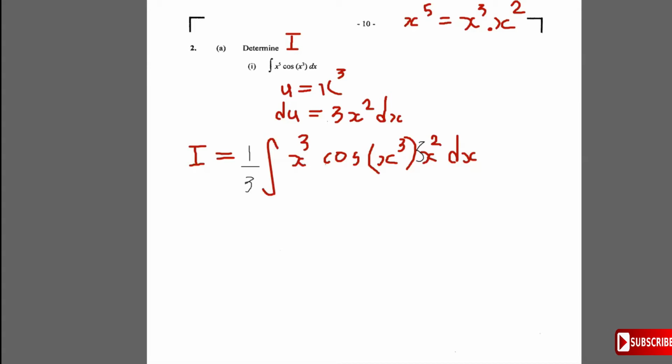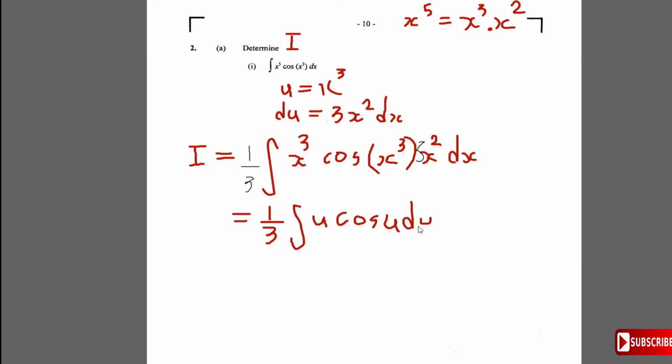Now I can substitute for u. So now I is equal to 1 over 3 times the integral of x cubed, which becomes u, cos x cubed becomes cos u, and 3x squared dx becomes du.